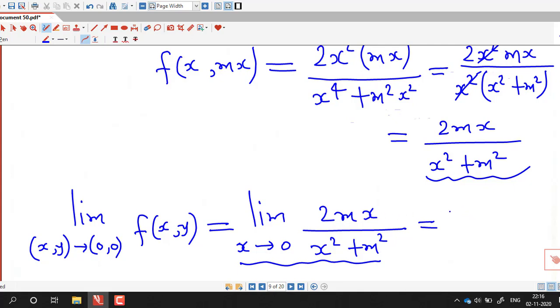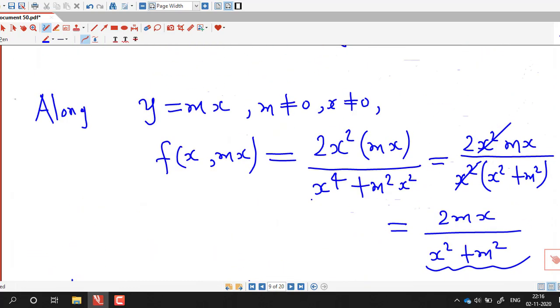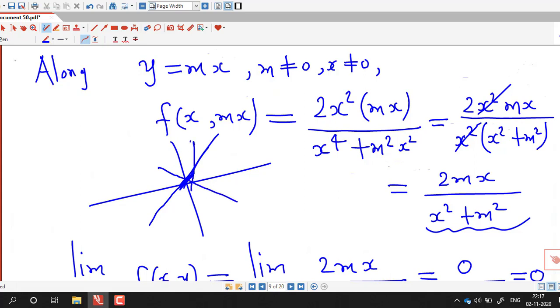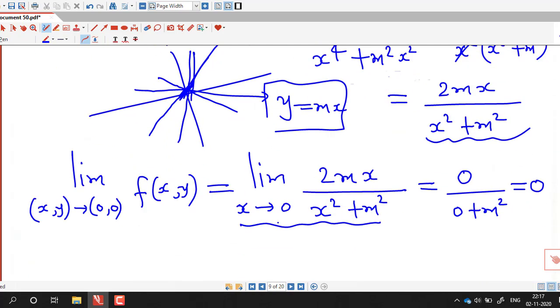If we put x equal to 0, we have 0 plus m square, and m is non-zero, so we have 0. This shows that if we take any line passing through the origin, the limit is the same along all the lines y equal to mx. The limit of the given function is 0.